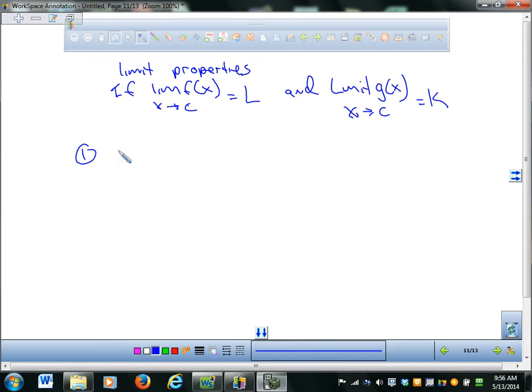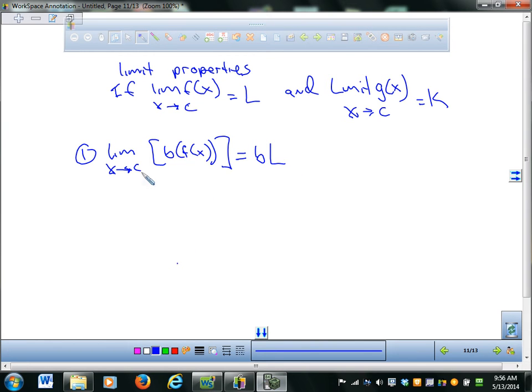Number 1 is called the scalar multiple. The limit as x goes to c of b times f of x is equal to bL. You understand what that means?